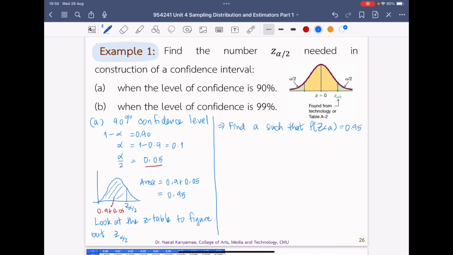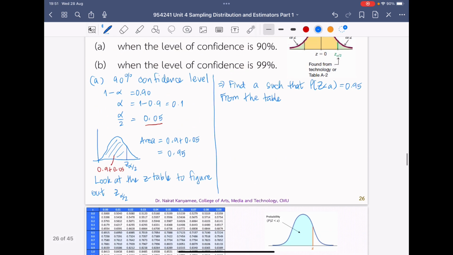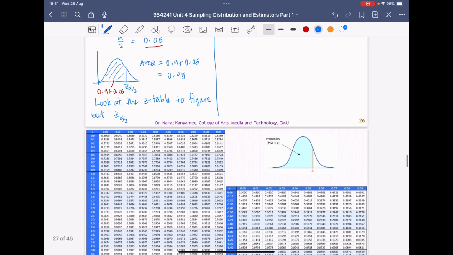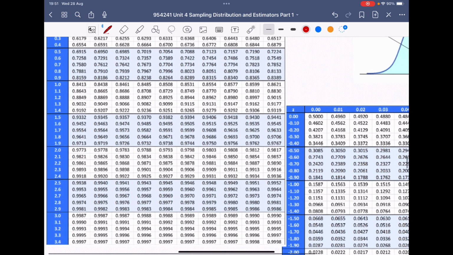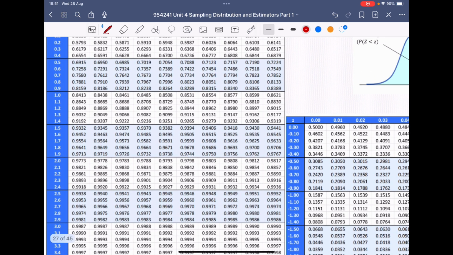From the table, 0.95 is here. Actually, 0.95 is halfway between these two, right? 0.9495 and 0.9505. So 0.9500 is exactly halfway between these two.